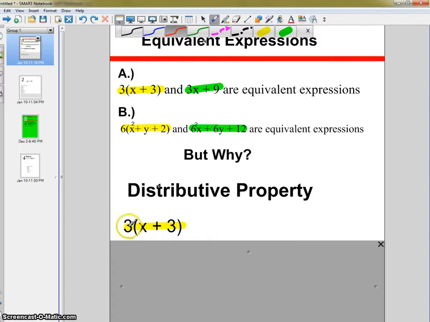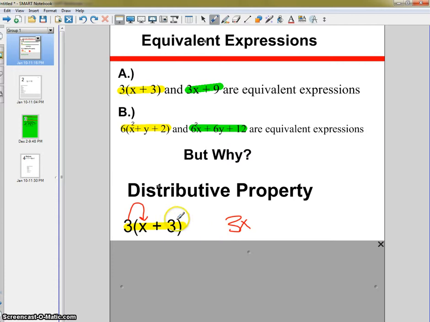When you have your constant, this term, touching a parentheses, what you're instructed to do is multiply this constant by everything in the parentheses, like this. 3 and x would multiply together, so you would have 3x. So the 3 constant and the variable x, when they're multiplied using the distributive property, become 3x.